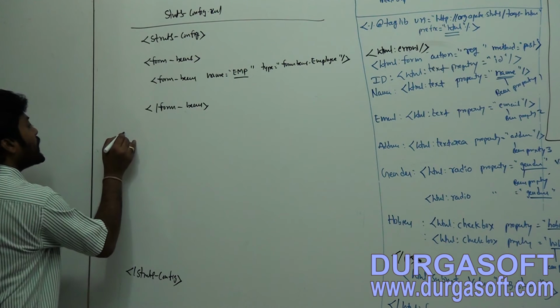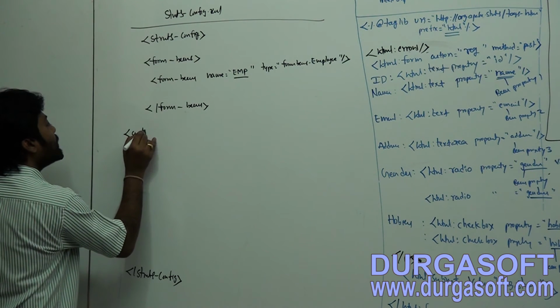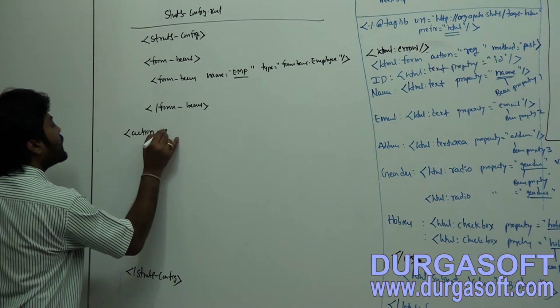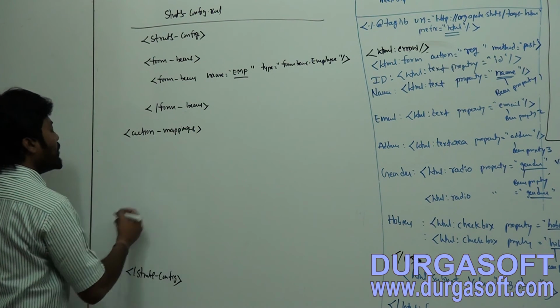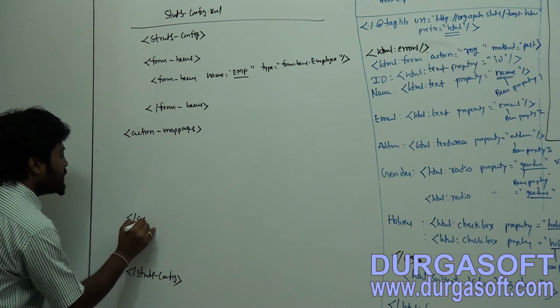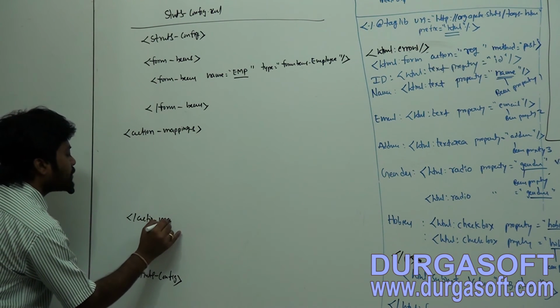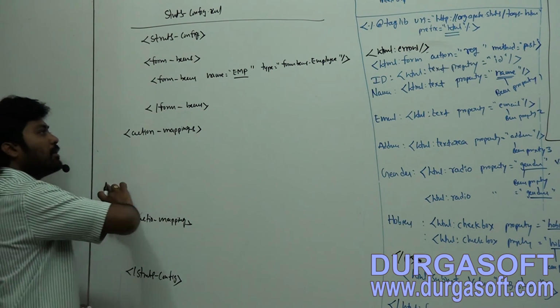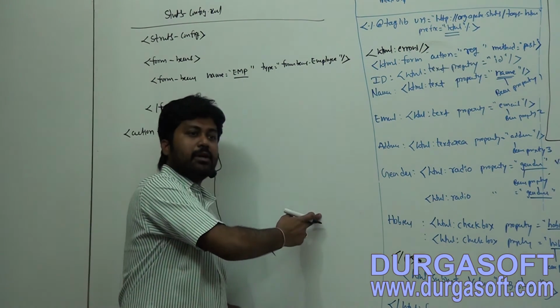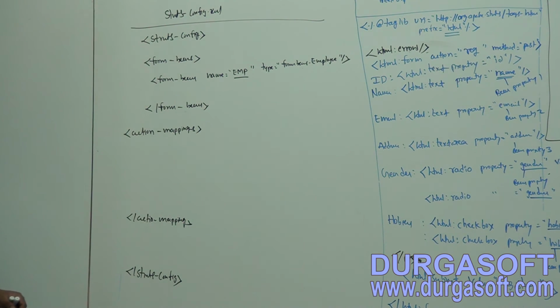Then next you have to provide mappings. To provide mappings, the main important tag is action-mappings. In between action-mappings and action-mappings, what do we have to map? Form to bean, bean to form.